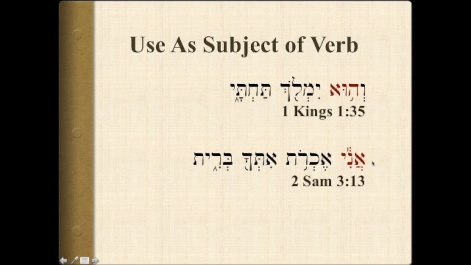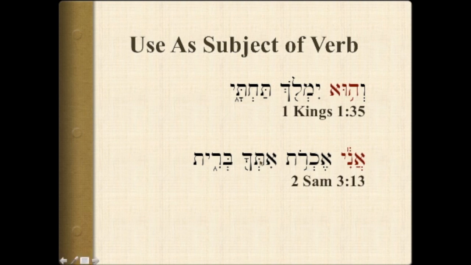Another example here is you have the independent pronoun for I, and the verb here, ani echrot itcha berit.